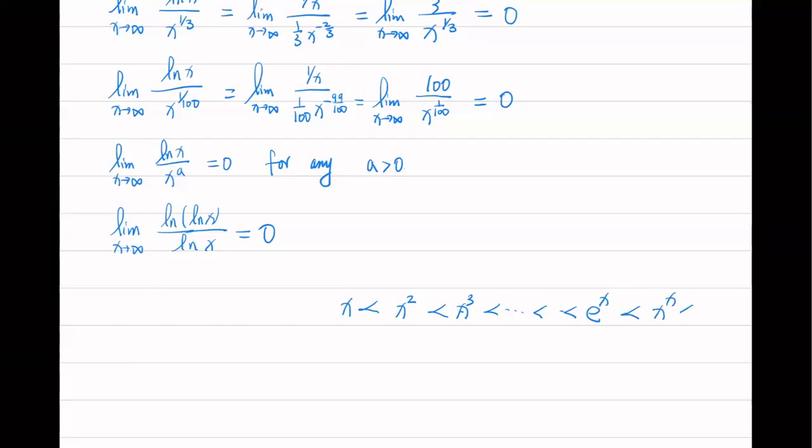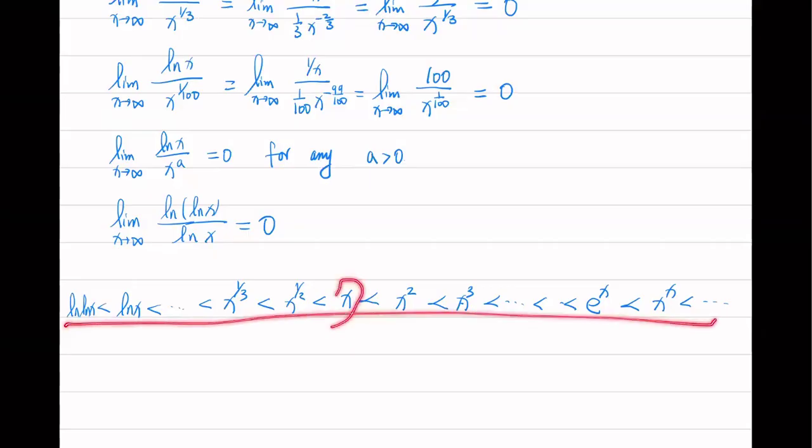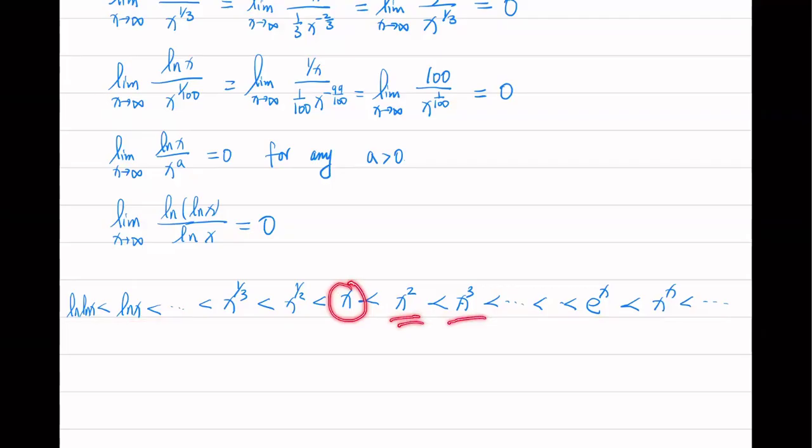There are many functions slower, but it's faster than square root, faster than cubic root, faster than logarithm. So we have a chain of functions. They all go to infinity, but at a different speed. There's linear, square, cubic, exponential, super exponential.